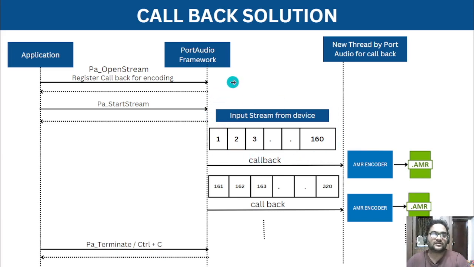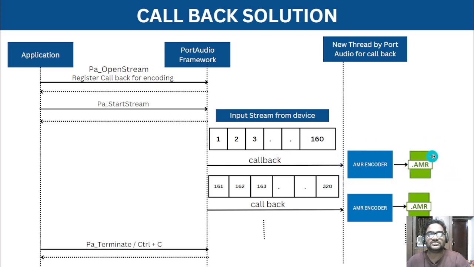For now, all you can remember is that the PortAudio framework is designed in such a way that for every frame, or every 160 samples, we can call a callback. That callback function is registered during PA open stream. What this callback function does is simply take these 160 samples, encode them, and finally write into this AMR file.